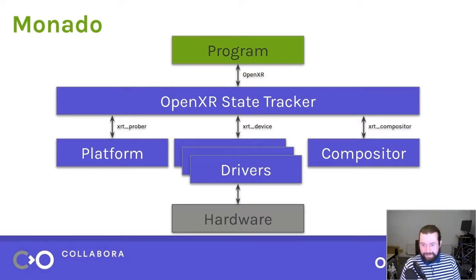So diving a little bit into Monado, splitting up all of the components into fairly broad terms, you have the OpenXR state tracker that sits on top, and that takes care of all of the state and all of the application interactions with the hardware, and abstracts away and simplifies them, and also does all of the error checking and all that stuff that's needed on behalf of the drivers.